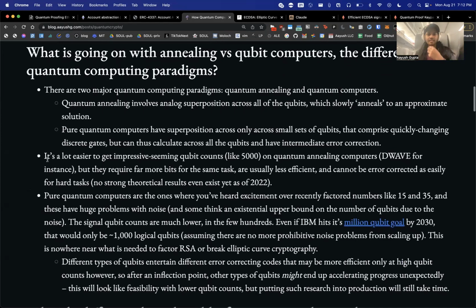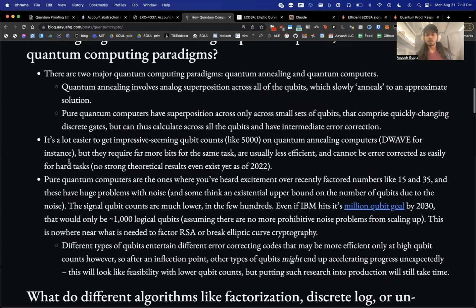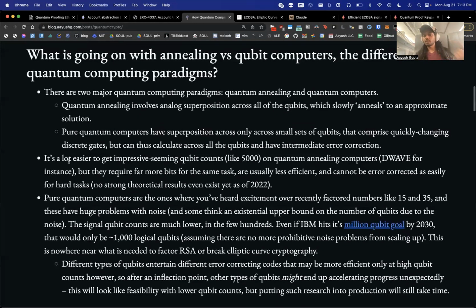So we can dive a little bit into annealing versus qubit computers, but the high-level idea is that while annealing computers claim large qubit values, they don't necessarily get anywhere near that level of performance in practice on difficult problems. And so more likely the qubit quantum computers will be the ones that break cryptography as we know it.